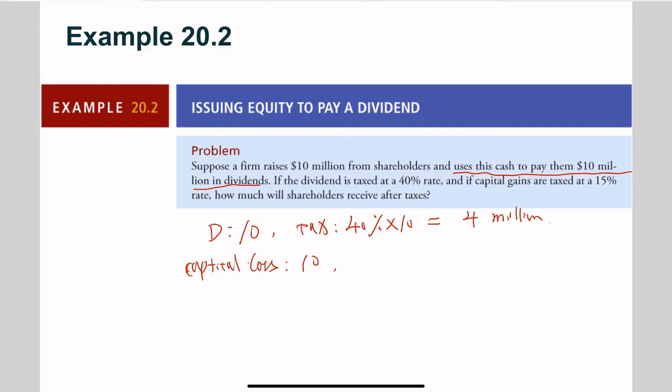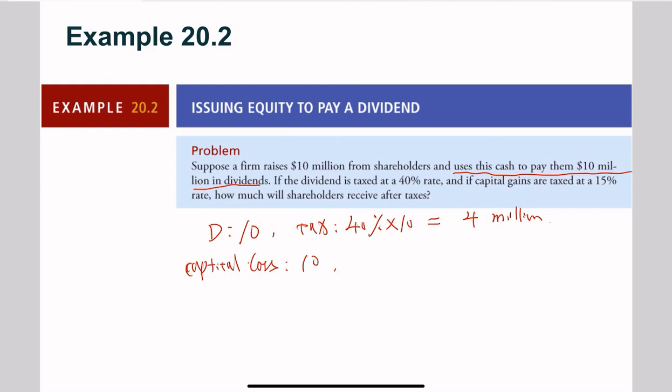Let's say you bought Google at $100. And then after 2 months, you sold Google at $80. In this case, you will have a capital loss of $20. And this capital loss of $20 can be used to offset capital gains. So from a tax perspective, this $20 capital loss can serve as a tax shield, right?